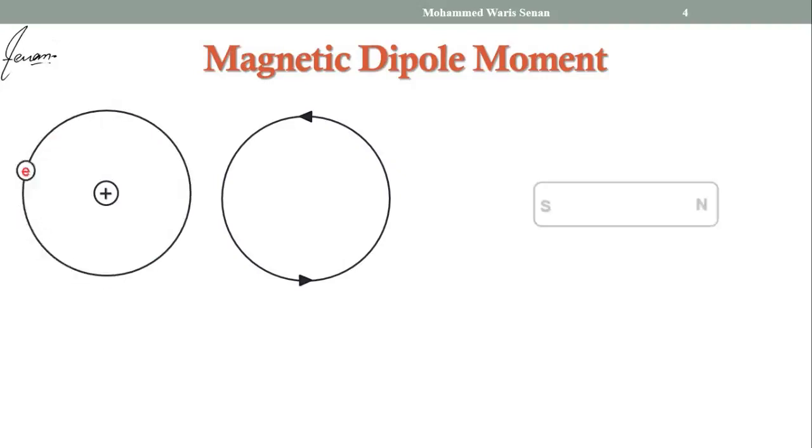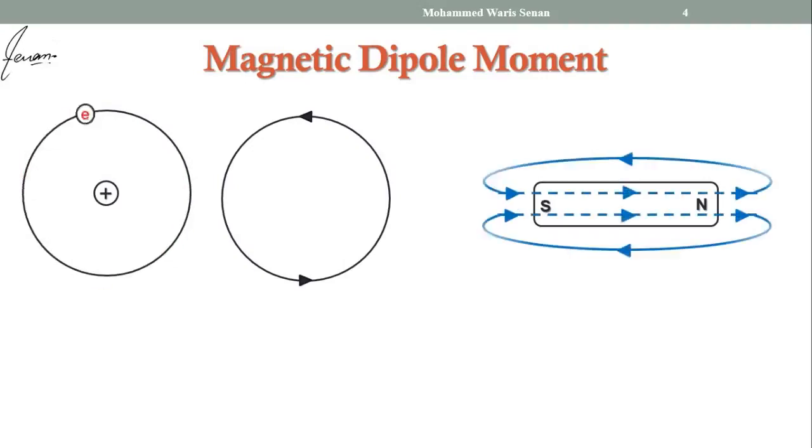Okay, consider a bar magnet. In that bar magnet, we know that the magnetic lines of force go from north pole to south pole outside the magnet, and from south pole to north pole inside the magnet. Now if you stand in front of the north pole, you will find that the magnetic lines of force are coming outward perpendicularly to the surface of the magnet.